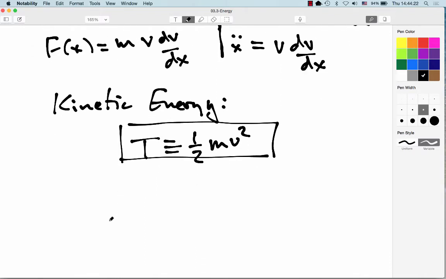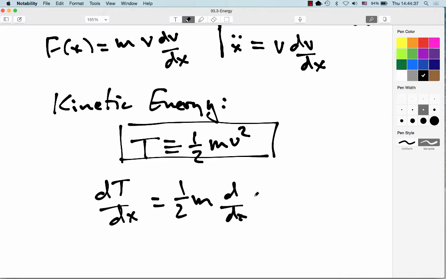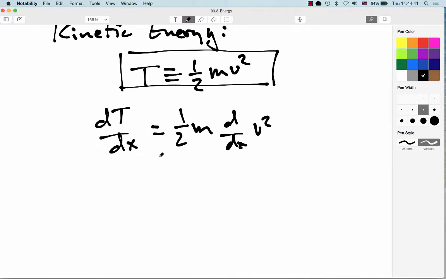So let's think about what happens when we differentiate this T with respect to x. Let's just hold our nose and do it. So we'll get dT dx equals 1/2 m, those are all constants, and I'll need to differentiate v squared with respect to x. That gives me 1/2 m, and differentiating this brings down a 2, 2v, and then I have to differentiate what's inside, dv dx.